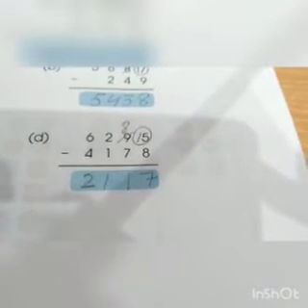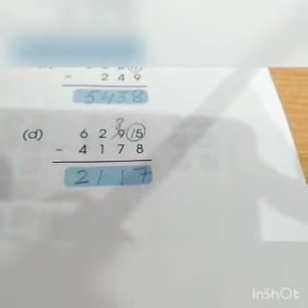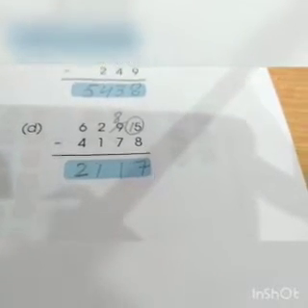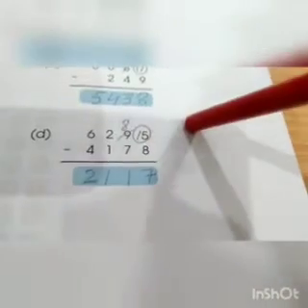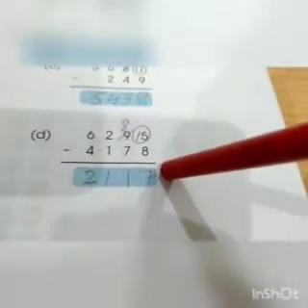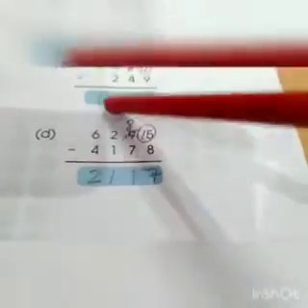Part D, you can see 6295 minus 4178. The subtrahend is 8 and the minuend is 5. 5 is smaller than 8. We can't subtract. We need to borrow from 9.